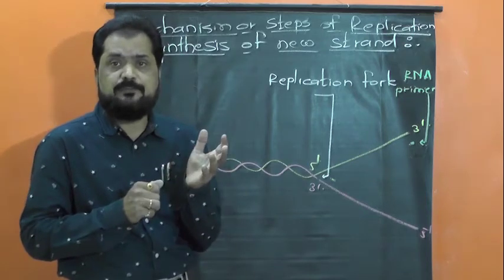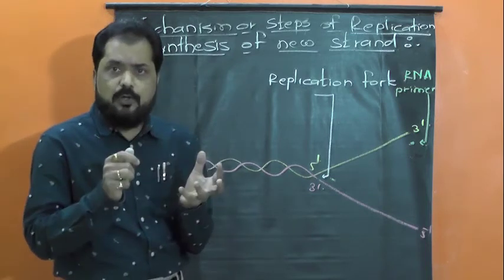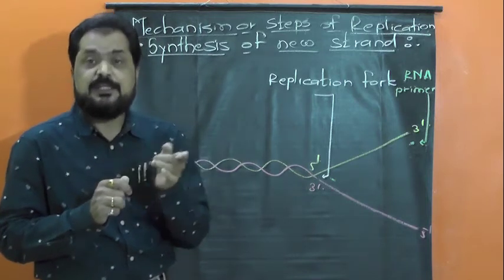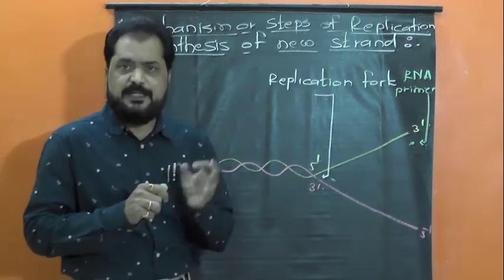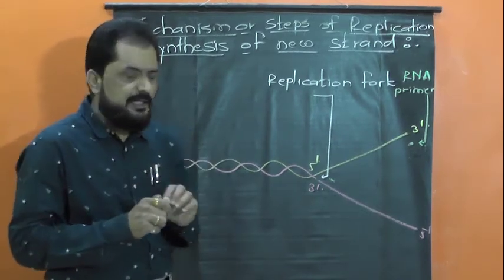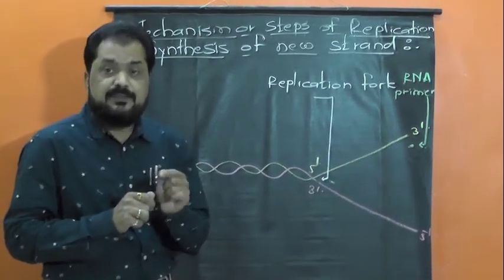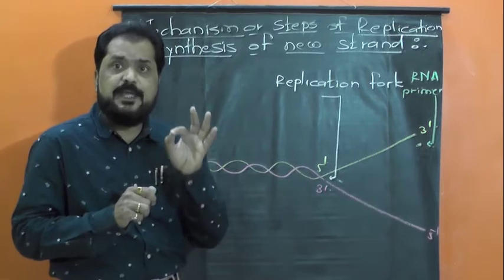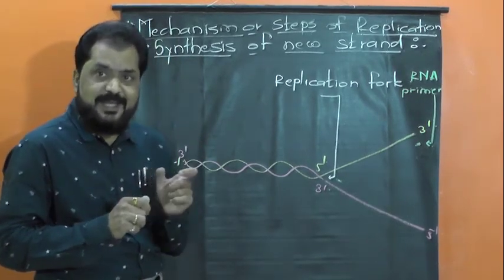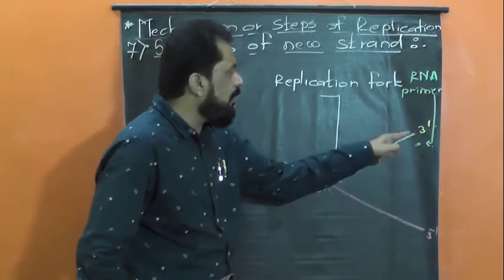They are converted from their monophosphate form to the triphosphate form so that all different activated deoxyribonucleotides in the form of triphosphate, that is dATP, dGTP, etc., they are attracted towards the old strand.